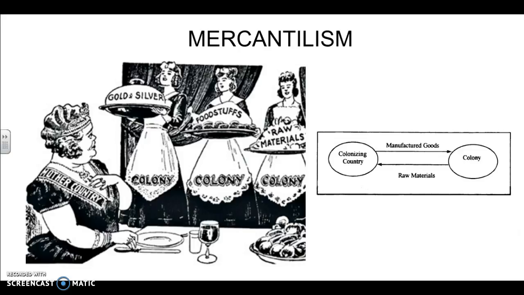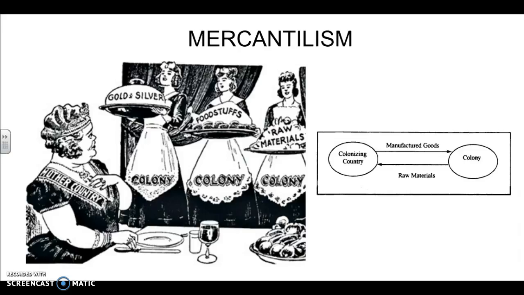So this is not an example of representative government. Remember that this mother country in this picture represents England, not Spain. And it also represents that the mother country needs these colonies. The colonies are useful to her, so she needs them.